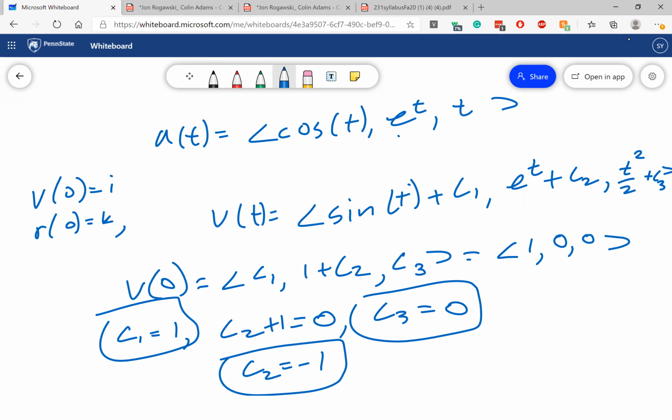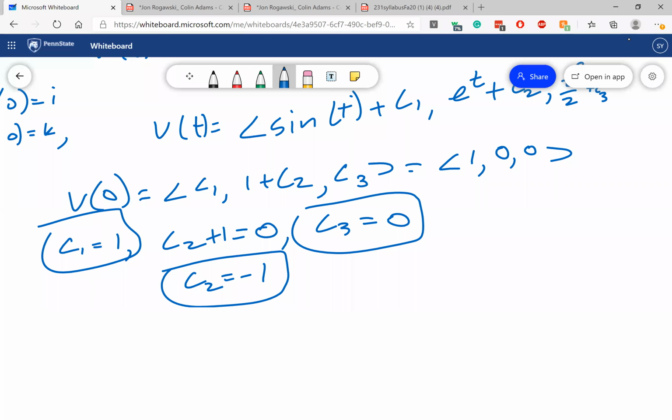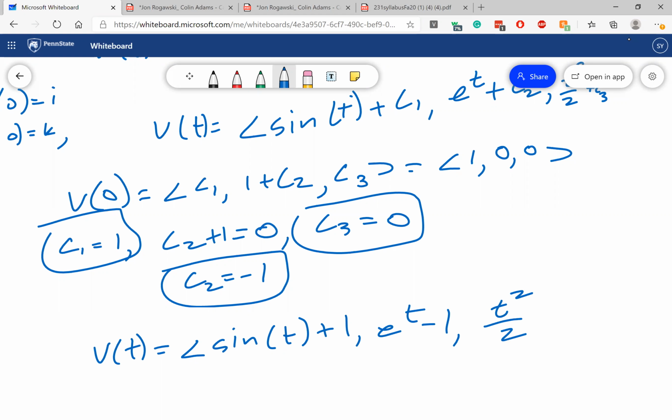So let's plug that into our velocity. So v of t is going to be equal to sine of t plus 1, e to the t minus 1, and t squared over 2, and that's that.